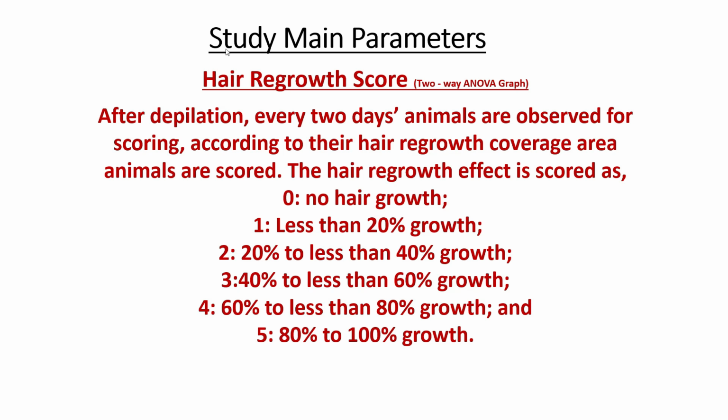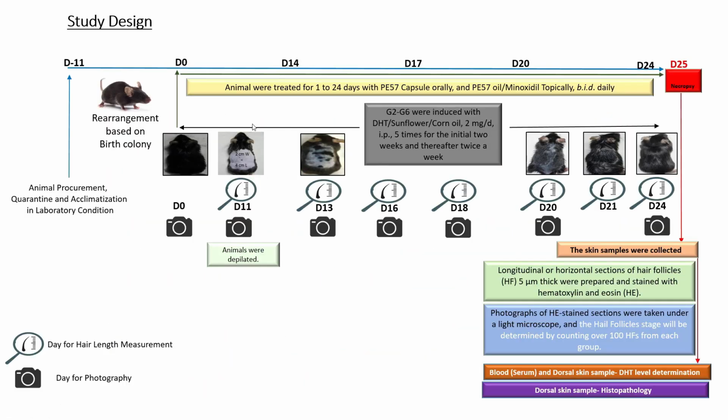On what basis will you give the score? If you observe no hair growth, as you can see in these animals, you will give 0.